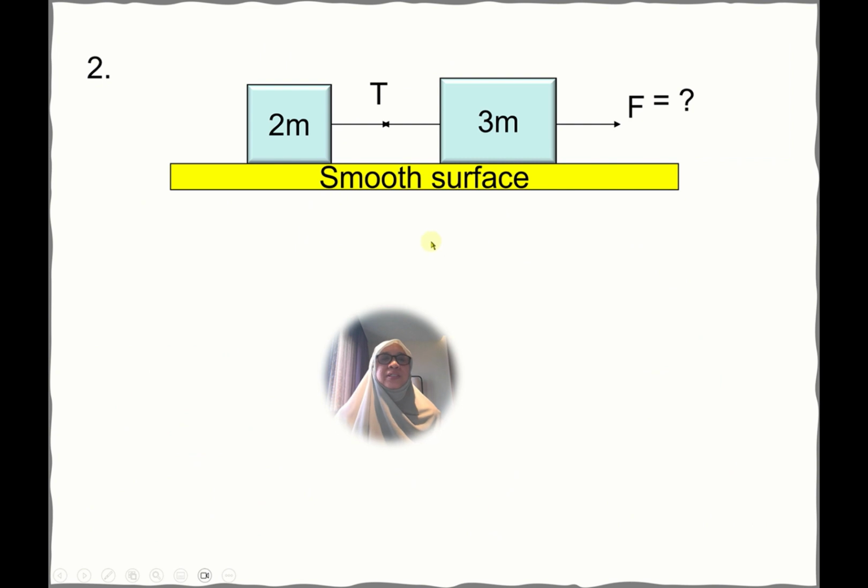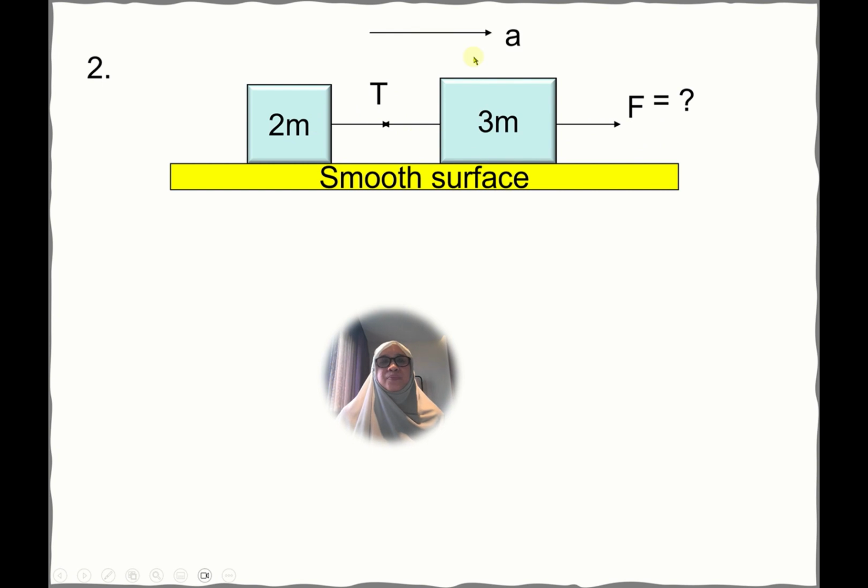Okay, so we go to question 2. We have 2 blocks here with mass 2m, and this one is 3m. This is on the smooth surface, and both blocks are pulled by F. So what is F? When F pulls, this is a string, so there is an action-reaction force here, T, that acts on both blocks.